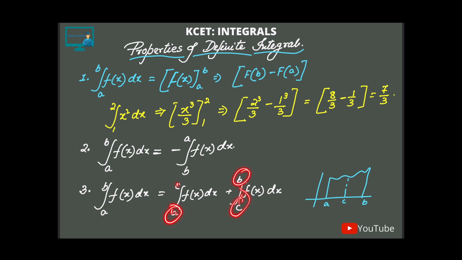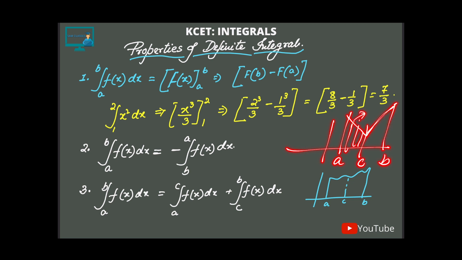So basically I have a curve like this. So instead of integrating the whole thing, I'll first integrate from a to c and then from c to b. You will understand better if I have a function which is changing like this and this. So let's say this is a, c and b. So a to c it has a different equation and c to b it has a different one. It's very easy, and in that scenario we apply this formula.